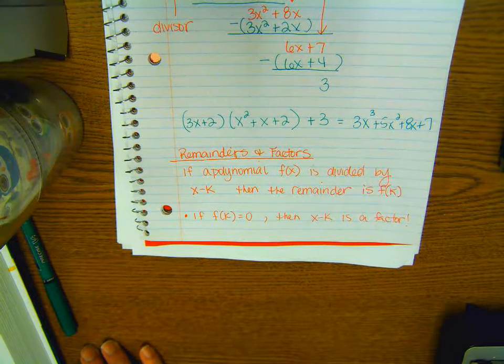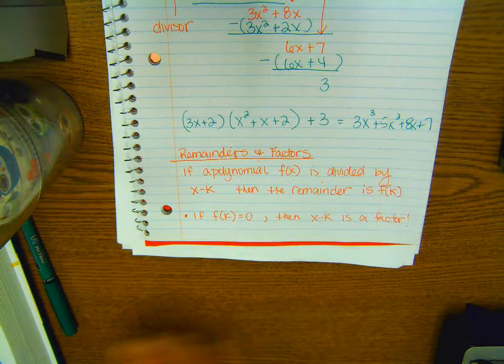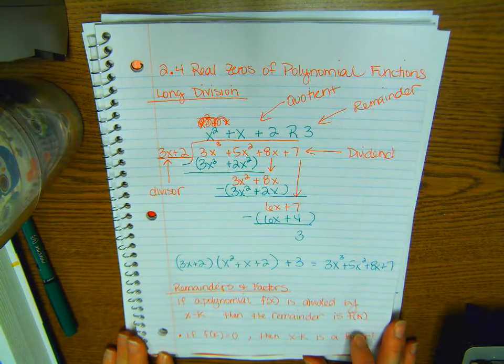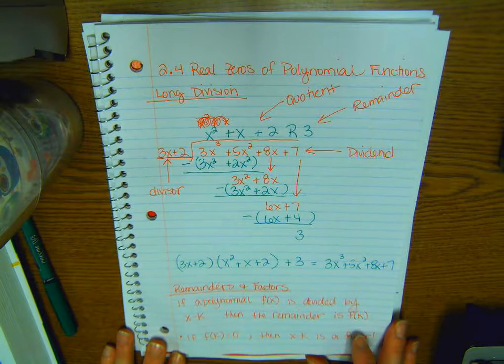That was just an example of how long division works. Okay. 3x plus 2 would not be a factor, right? What's that? Will it always be, what do you mean by even?